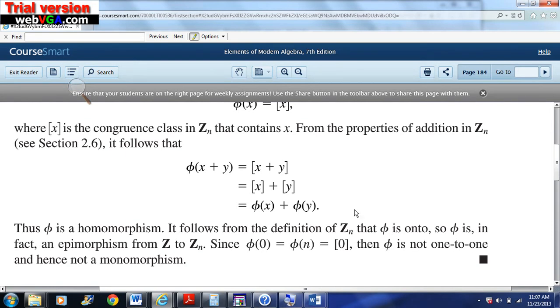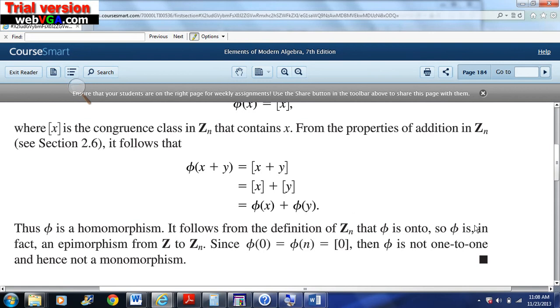So all of those values, just like class 2 in the range, would come from the integer 2 in the domain. Class 3 in the range would come from the integer 3 in the domain. So you can get everything in the range by using phi. So it would be onto.